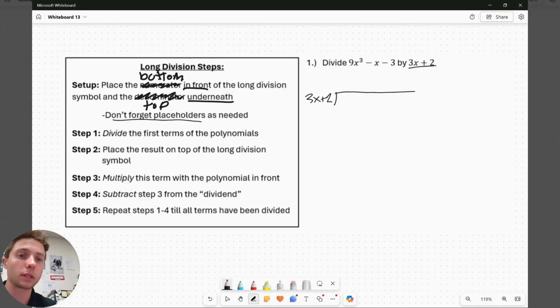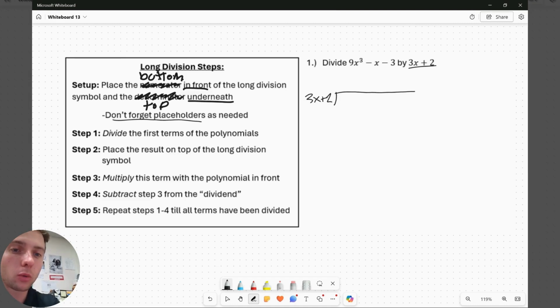Placeholders are simply needed when your polynomial is in standard form and you're missing a variable. For example, standard form always takes whatever your largest exponent is and decreases it by 1 each time. So if I had something like x to the 4th as my leading term, the next term should be x to the 3rd. The exponent goes down 1. Then it should be x to the 2nd. It goes down 1. Then x to the 1st, and then just your constant.